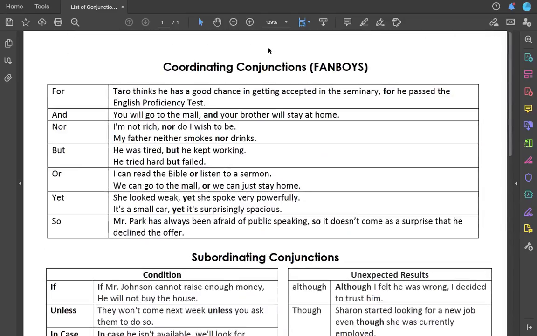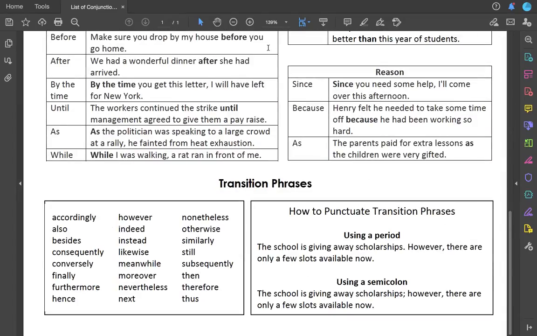If you want a more complete one, then you can just Google it. But right now, my goal is not to give you a complete or comprehensive list. My goal is simply to introduce to you the three different categories. When you become familiar with them, then you'll be able to use them well and punctuate them well.